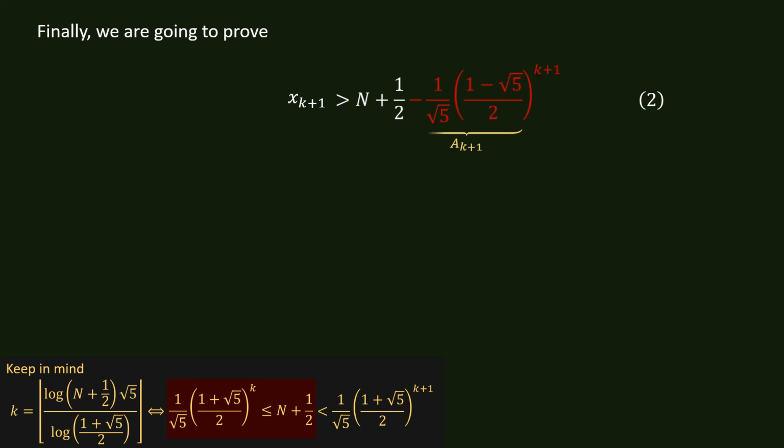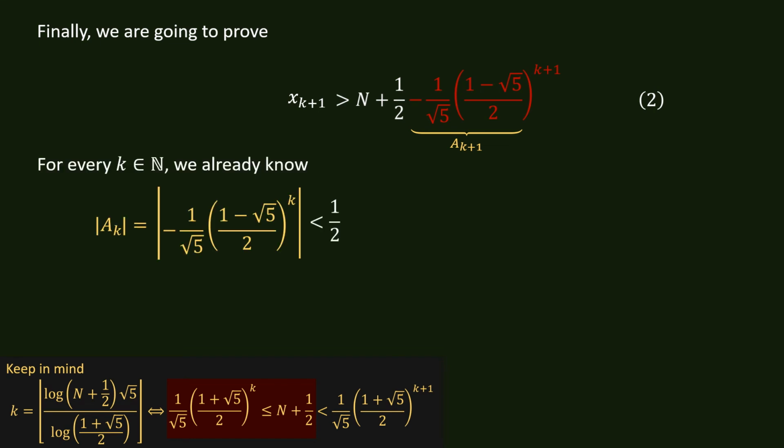Again, let's focus on this red quantity, which is ak plus 1. From the proof of the first part, we already know that the absolute value of ak is less than half for every natural number k. Of course, it's still satisfied if we add 1 to k.